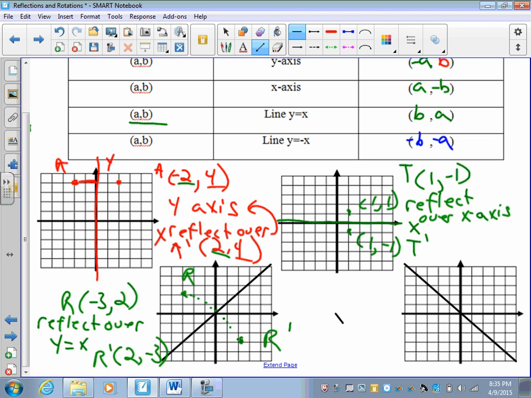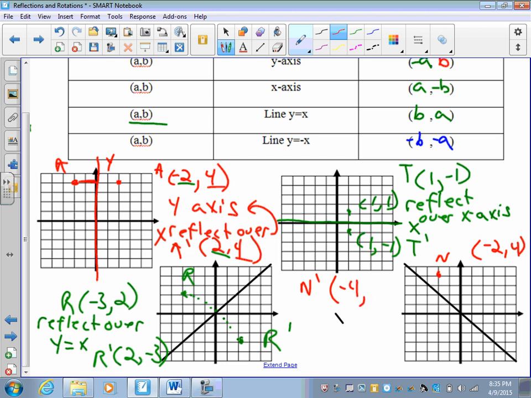I'm going to plot a point, -2, 4, and this is N. Then N prime, after we reflect over y equals -x, is going to be -4, 2.